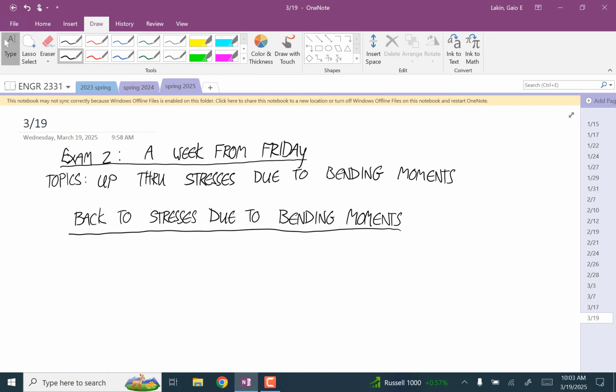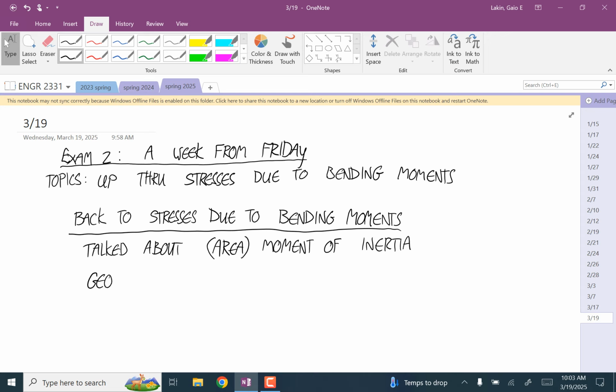And we were working on the area moment of inertia. And remember what the area moment of inertia is. It deals with the geometry of the cross section.